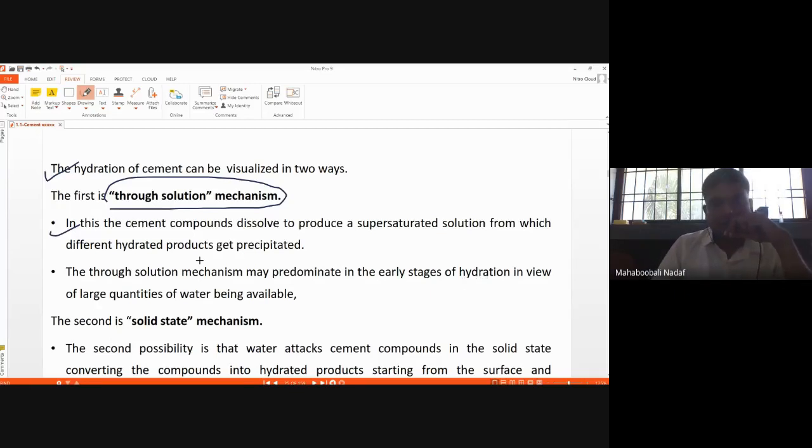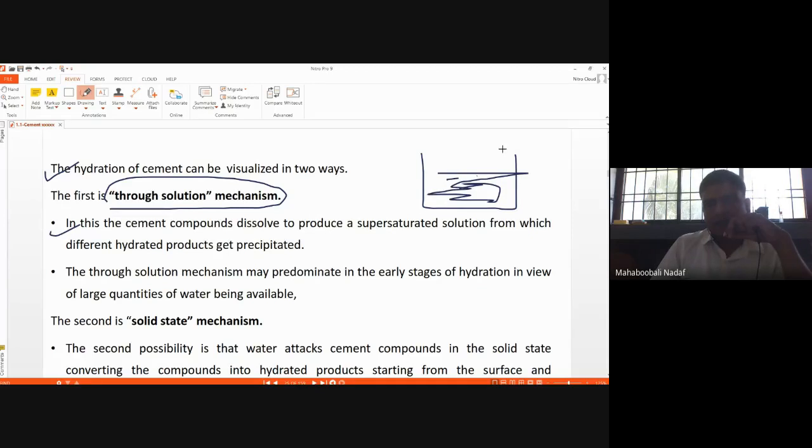What is this through solution? Suppose you take a big container, a bucket, and it is full of water.